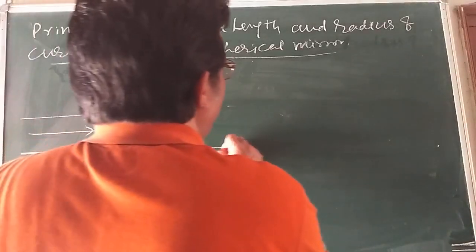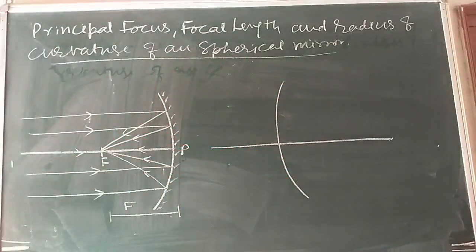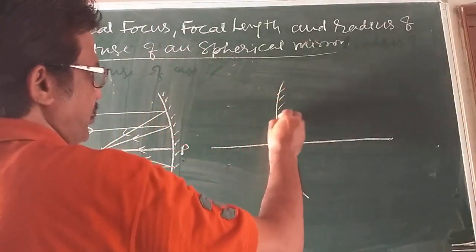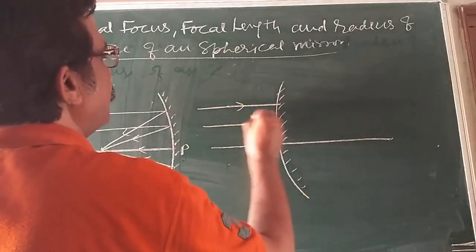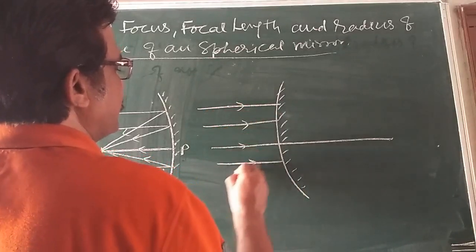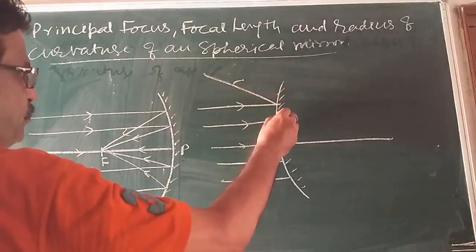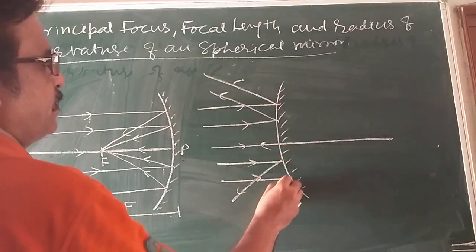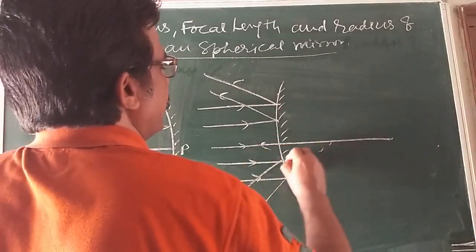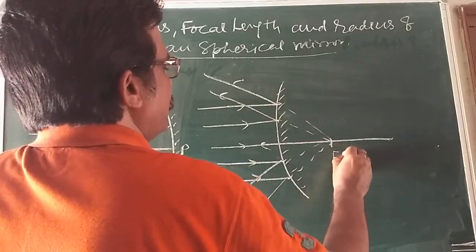Similarly, in case of a convex mirror, here it is our convex mirror, in which the parallel rays are coming parallel to the principal axis, and just after reflection it is something like this, that will appear to meet at a point called principal focus.